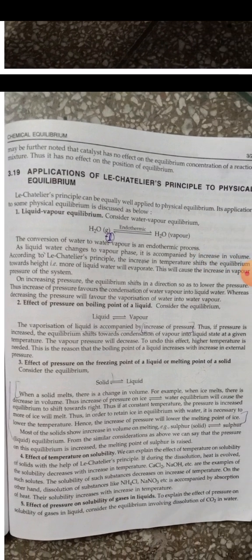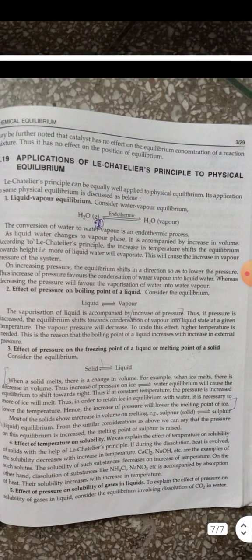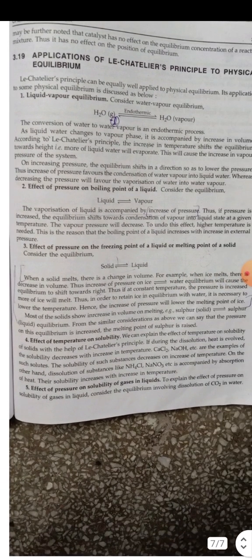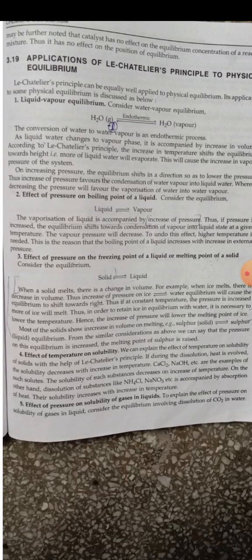So we can explain the effect of concentration, temperature, and pressure on the state of equilibrium. Further, the topic is application of Le Chatelier's principle to physical equilibrium. First, we discuss if a liquid is converted into vapors and vapors are further condensed to give liquid.